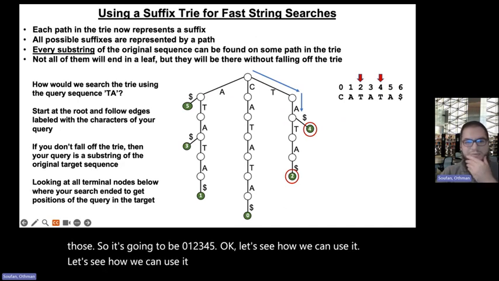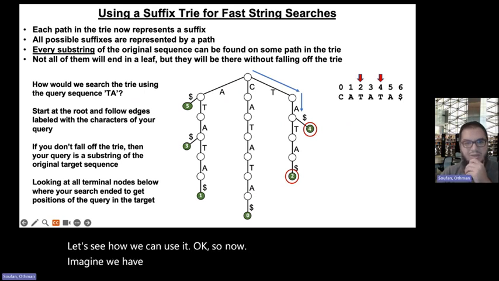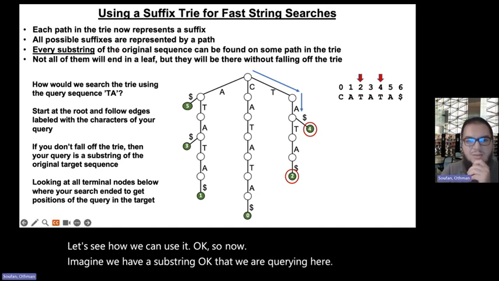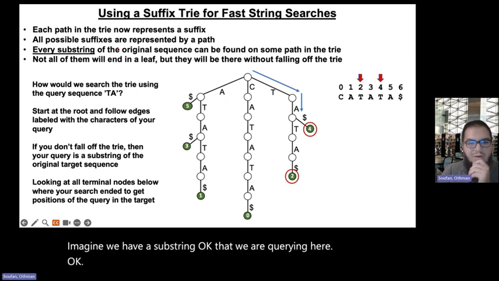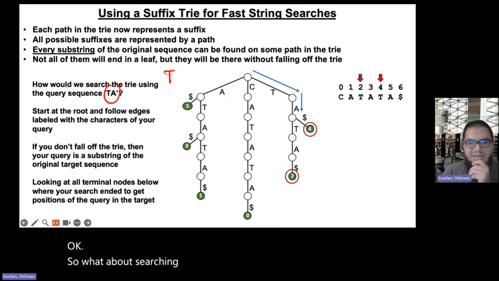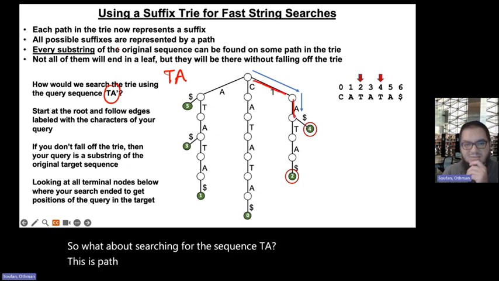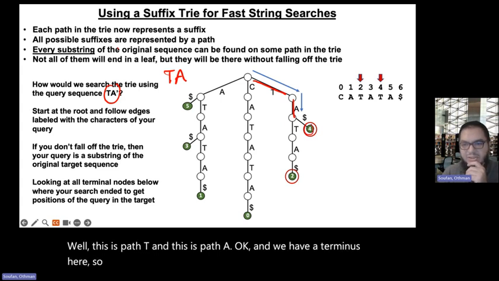Okay, so now imagine we have a substring that we are querying here. What about searching for the sequence TA? Well, this is path T and this is path A, and we have a terminus here. So we know at position 4 there is going to be TA.